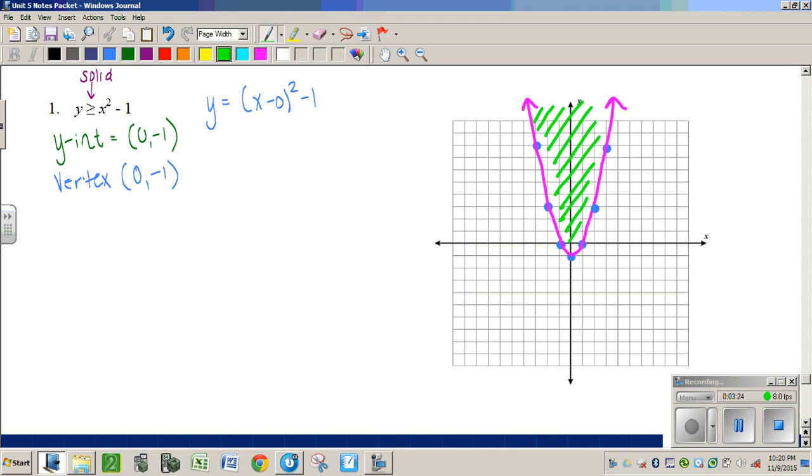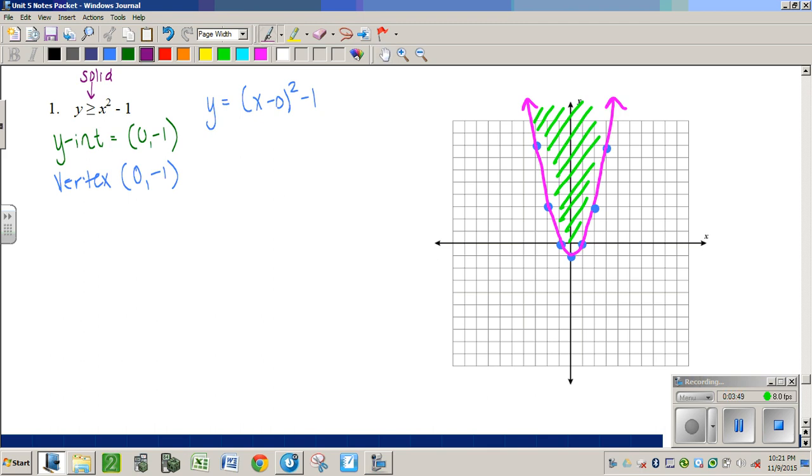Now, one of the ways that you can decide which way you're going to shade is you can pick a point either above your parabola where it's opening up or outside of the parabola. If it was outside the parabola, it would be anywhere over in this area here. Inside my parabola, it's opening up, it's anywhere in here.